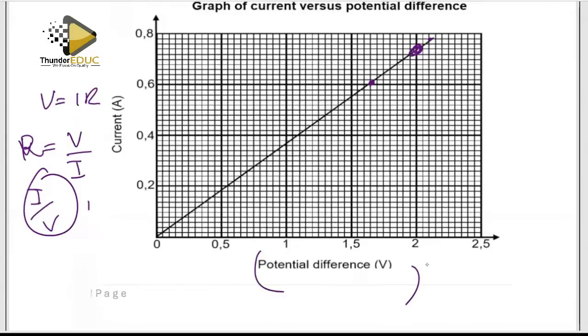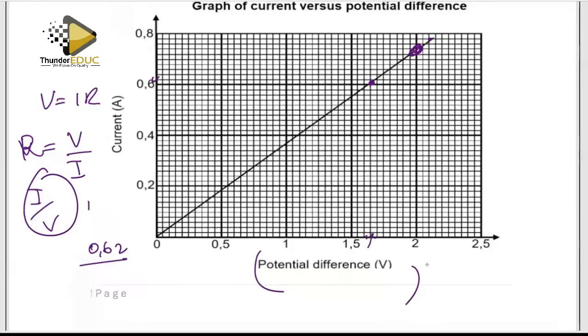Okay, 1,8 is going with 0,62. Okay, change in current, which is 0,62, divided by the change here, which is going to be the 1,5. Now this is 1,6, 1,7.